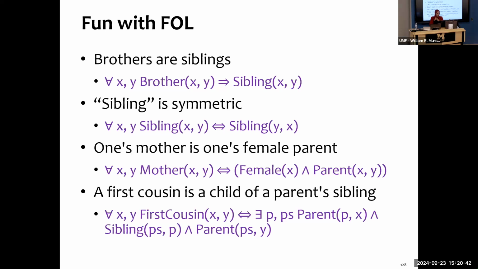Mother relates to variables X and Y. And this X, if it is female, it will return true or false. And also we have the relationship parent X Y. So we can write that as for all X Y, mother X Y is biconditional with female X and at the same time parent X Y. Is that clear?